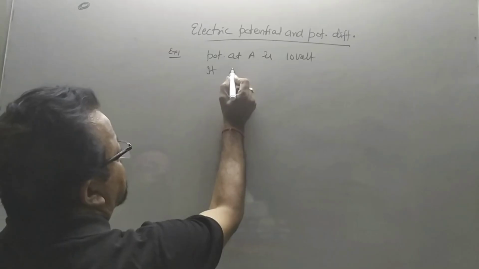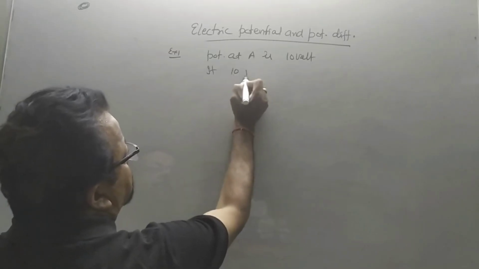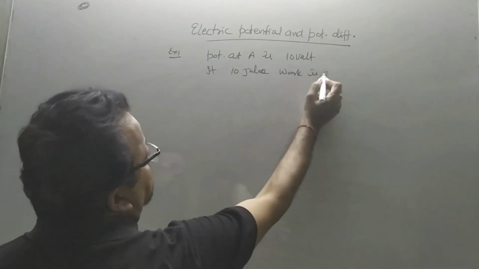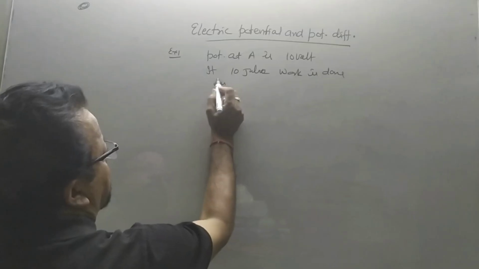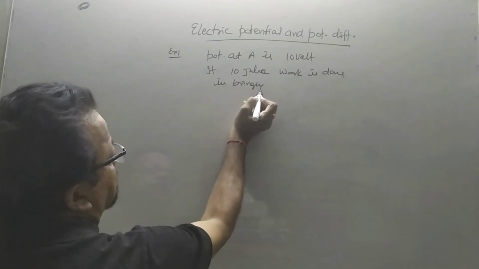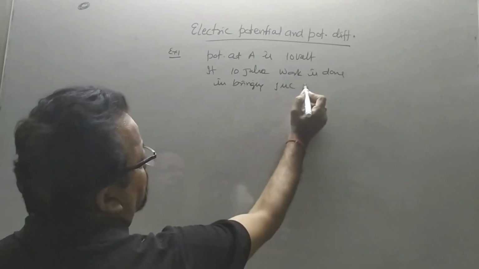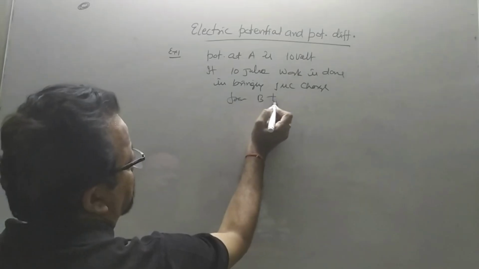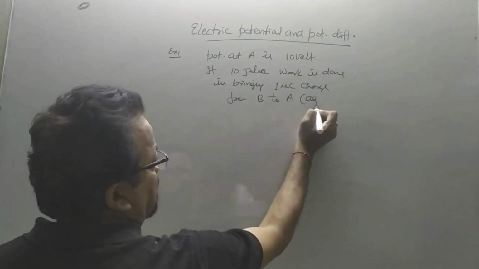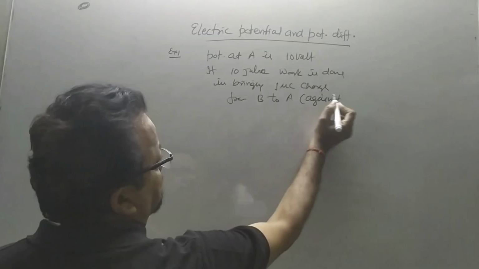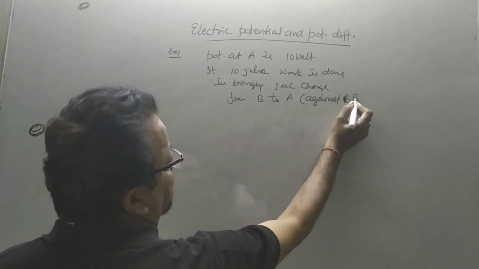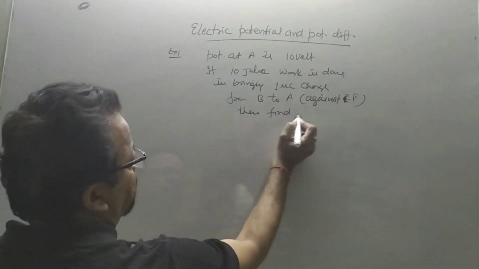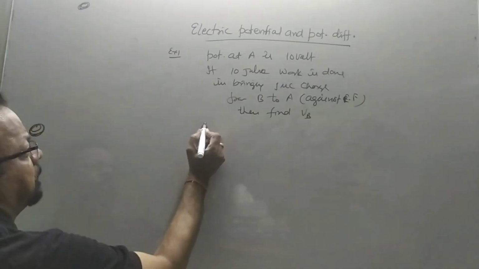If 10 joule work is done in bringing 1 microcoulomb charge from B to A against electric field, then find VB. Very simple.